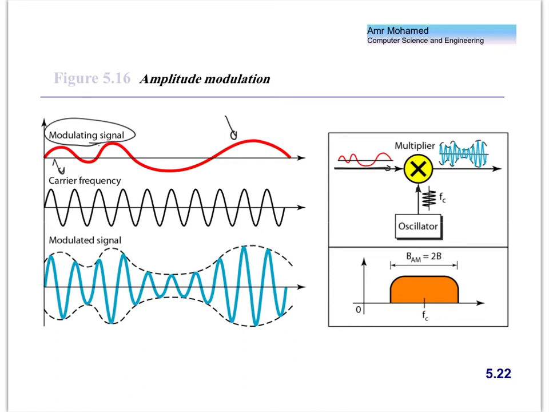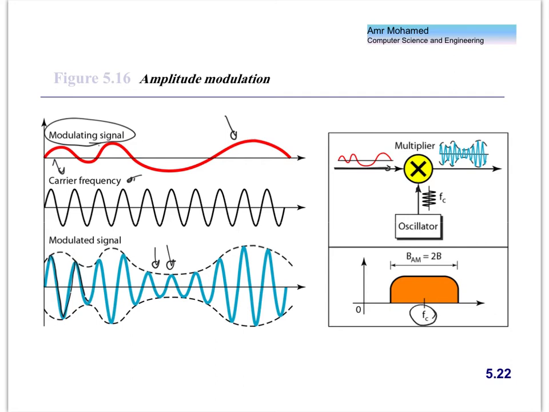So here, the end result is that the amplitude of the composite signal will be proportional to the amplitude of the modulating signal, except that the carrier frequency is supposed to be higher, around this center frequency.